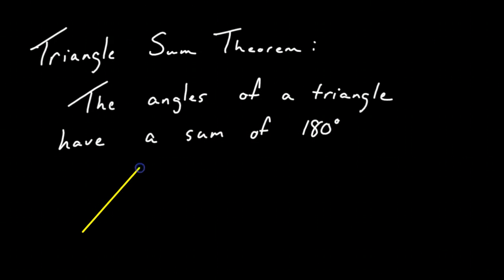Now there's a really great way to prove this. If you take any size triangle and you rip the corners off, so if I rip the top corner and the side corner and the other corner, and I put all of them together, laying their vertices together. So that was one chunk of it. We'll call that chunk 1.